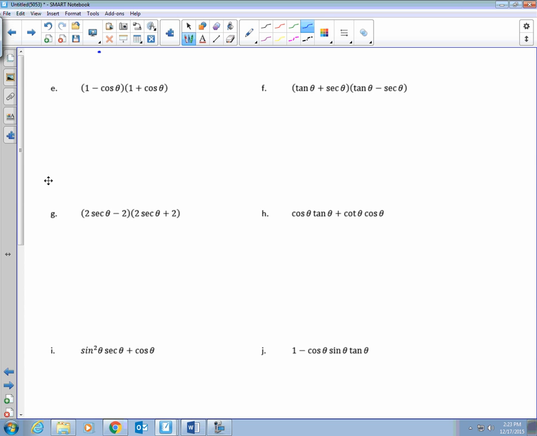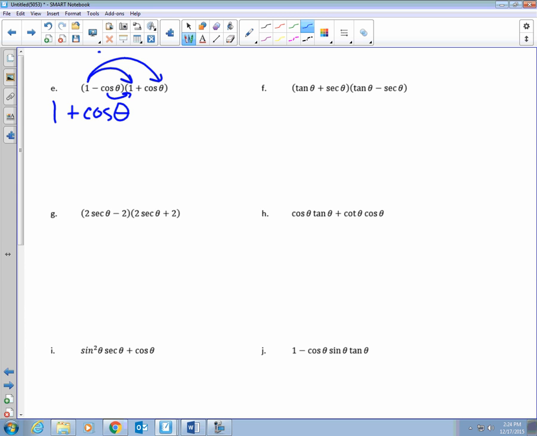Hey, this is similar to what we did yesterday for the extra credit. I don't have a squared. I'll multiply it out. 1 times 1, 1. 1 times cosine, cosine.